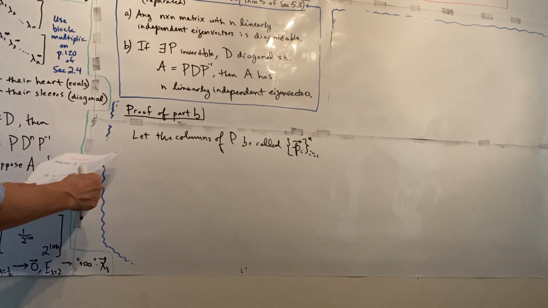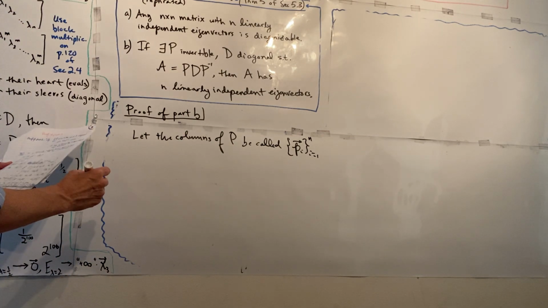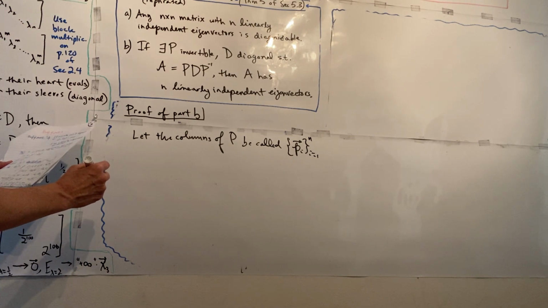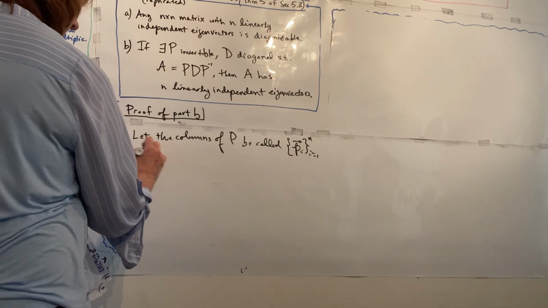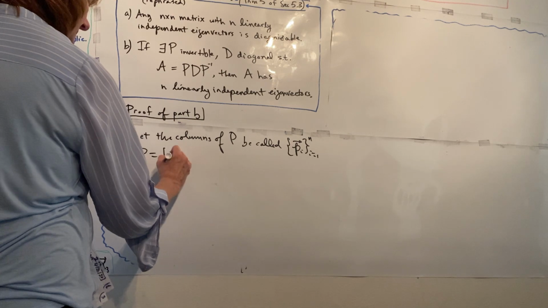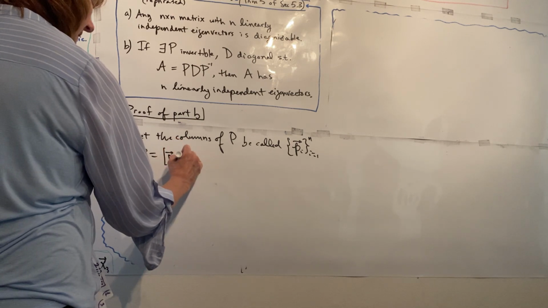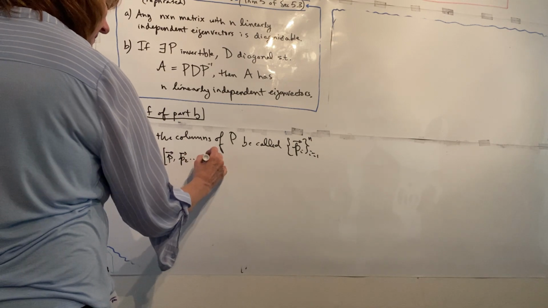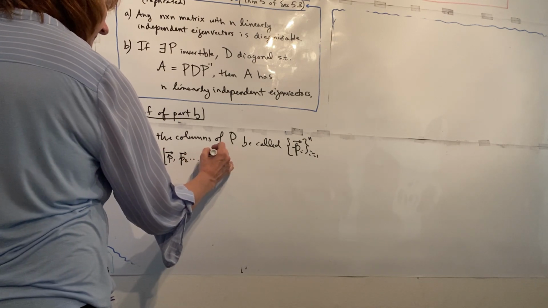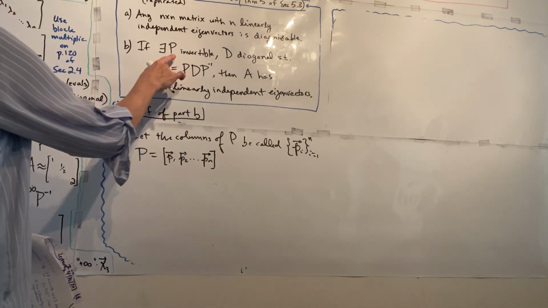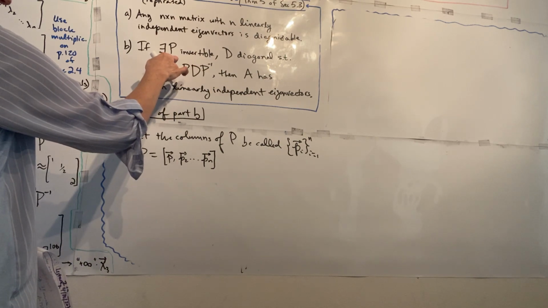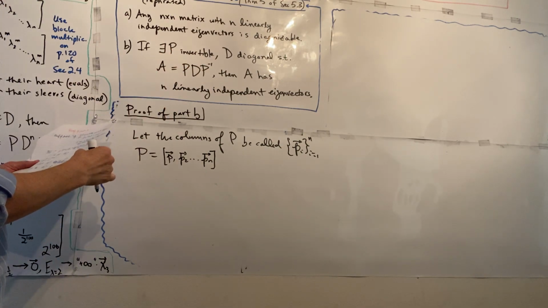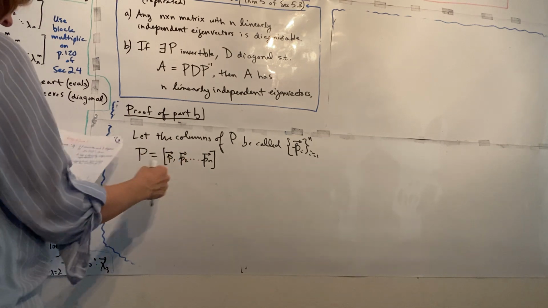All right. Well then, what do we have? What do you know about P? If P looks like this, P1, P2, through Pn, and you're given that P is invertible, so P inverse exists, right?